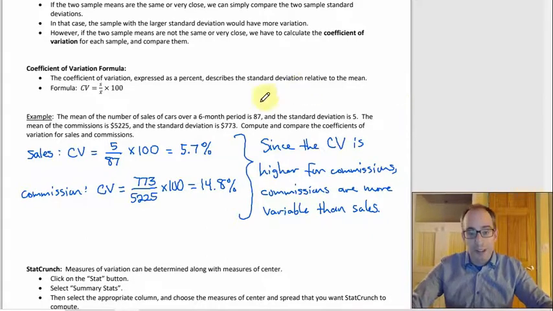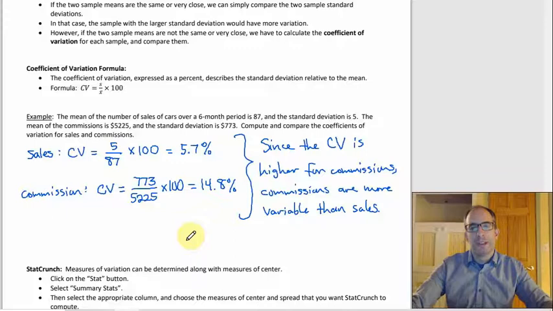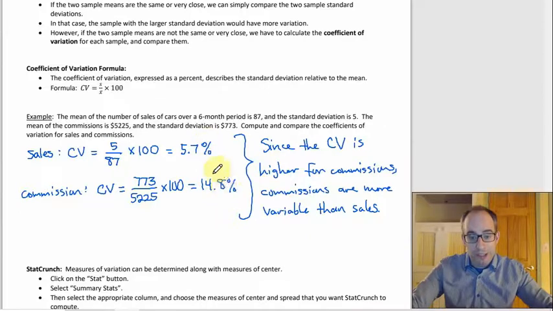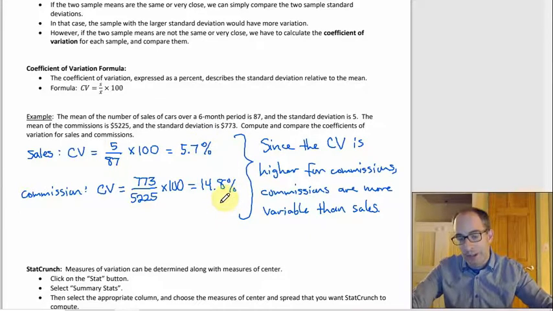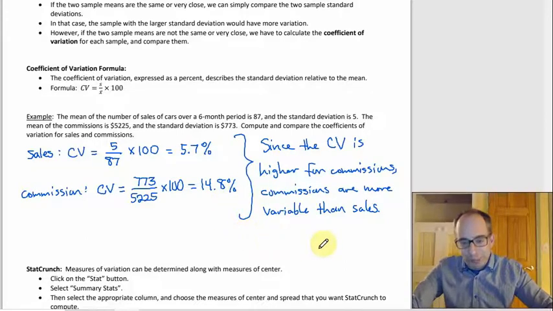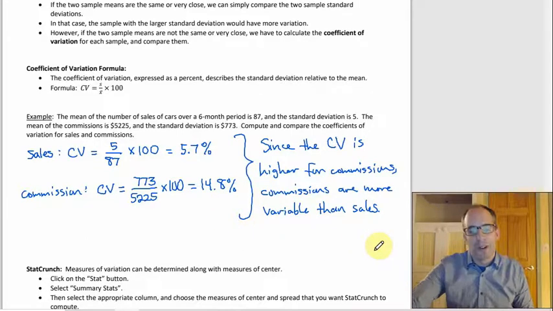But when that's not the case, like here where the scaling is way, way different, then that's where we use the coefficient of variation, because essentially that factors in the idea that with bigger values, they're just generally going to be more spread out. But then once you get these, you could do a direct comparison and you go, yeah, 14.8 is a lot bigger than 5.7, right? About, I guess, a little more than 2.5 times as large. So you go, yeah, definitely bigger. So commissions are going to be more variable here.